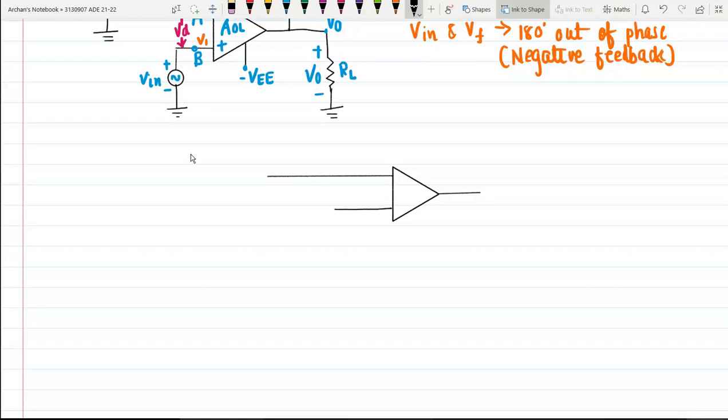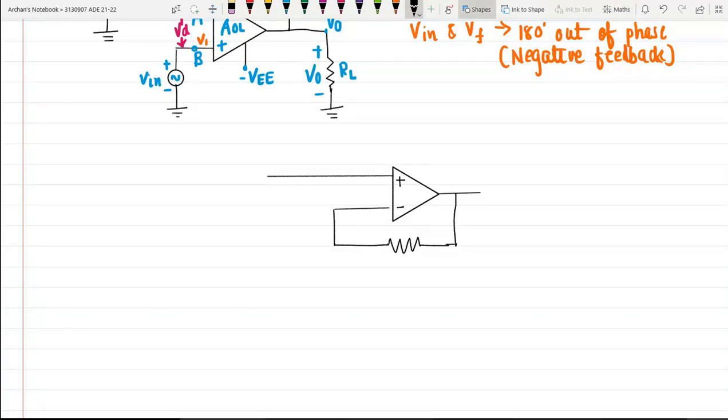This is my non-inverting terminal, this is my inverting terminal. With the inverting terminal we have this feedback resistance RF, which is connected in this fashion.